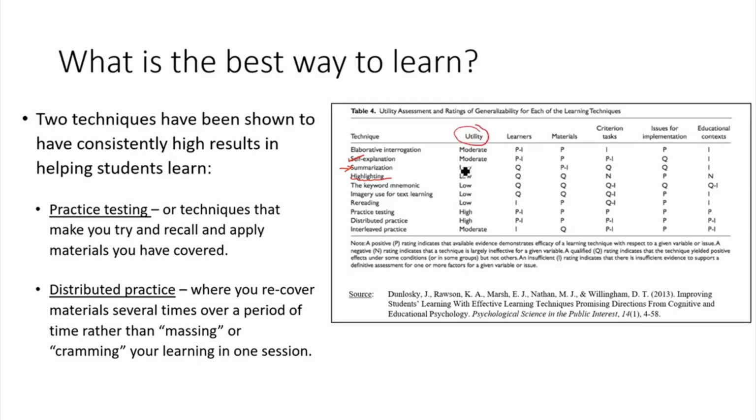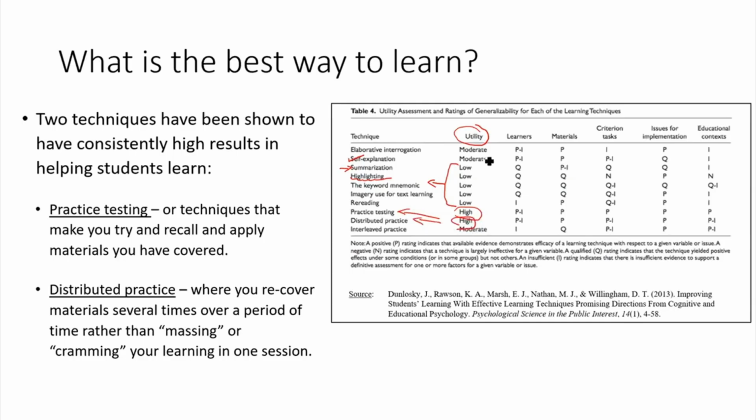Okay. Well, what you can see is that most of them don't work terribly well, particularly things like rereading, coming up with mnemonics, highlighting. Things that you might naturally do to try and help you concentrate don't really help you learn that well. But two things do: practice testing and distributed practice.